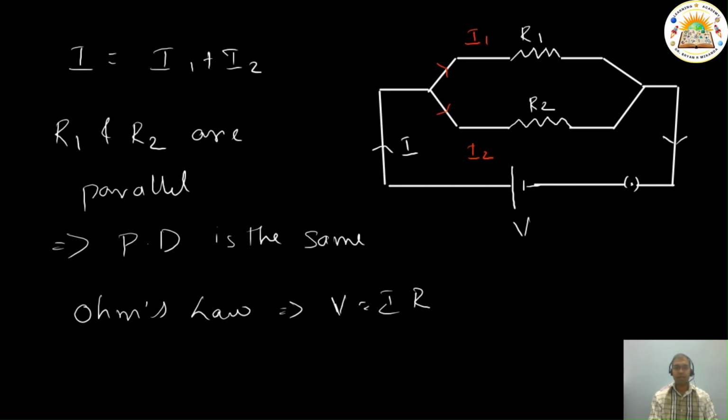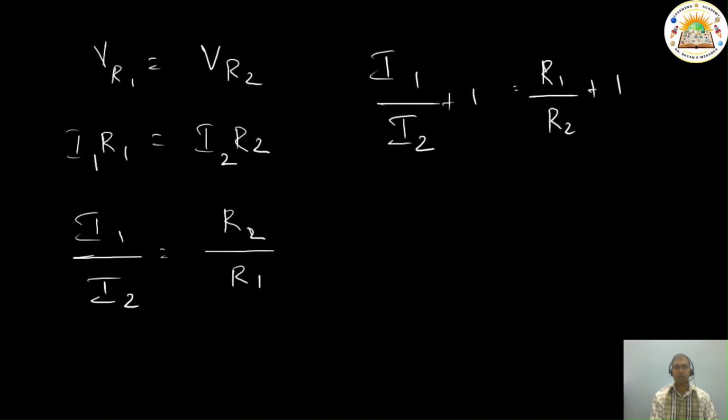So we can utilize that and write V1 is equal to I1 R1. And V2 is equal to I2 R2.